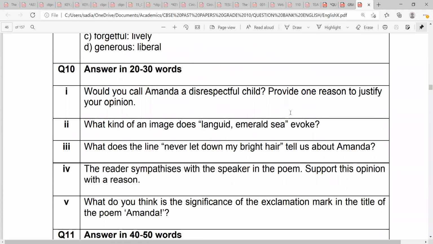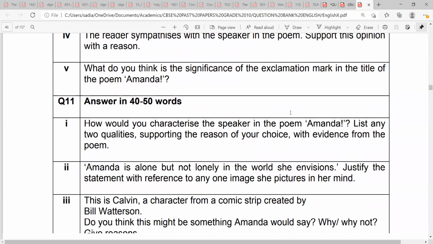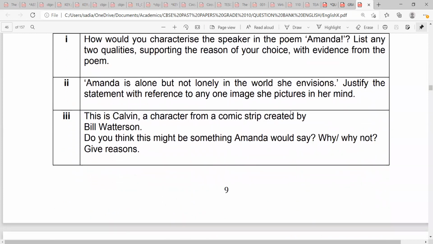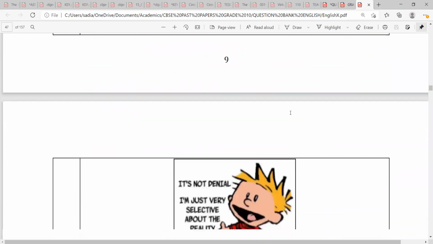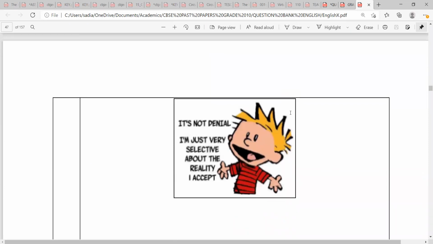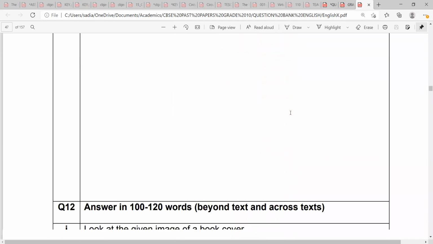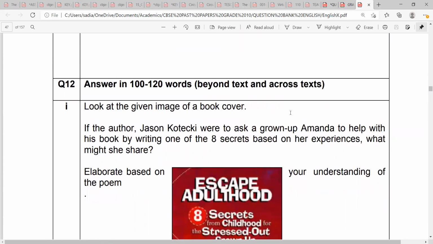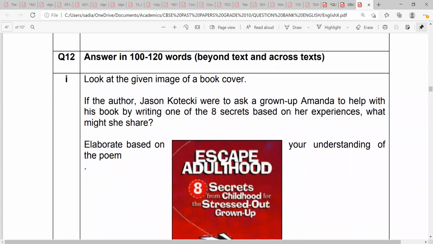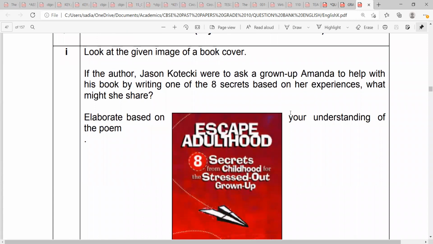20 to 30 words questions, 40 to 50 words questions, the visual, 100 to 120 words questions, beyond text and across text. Look at the visuals also.